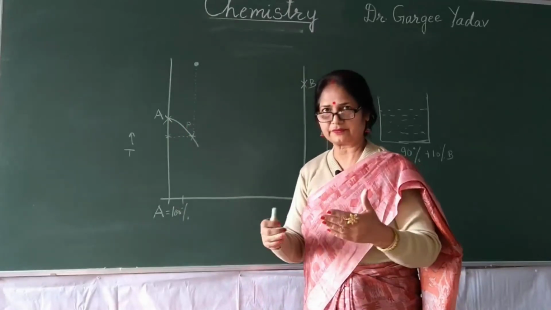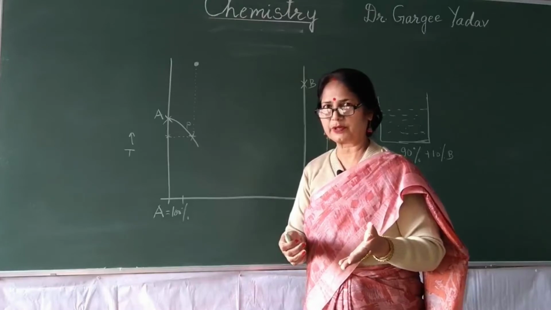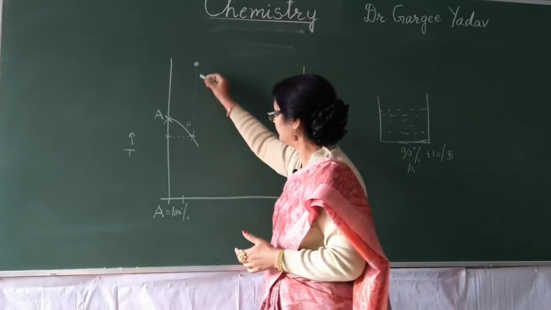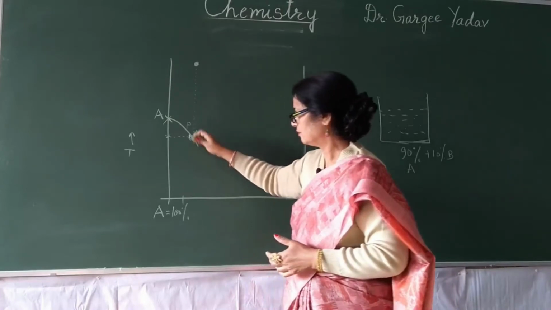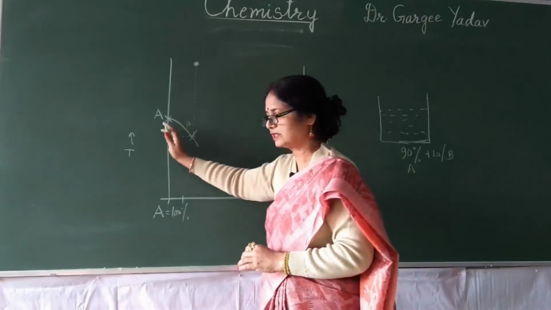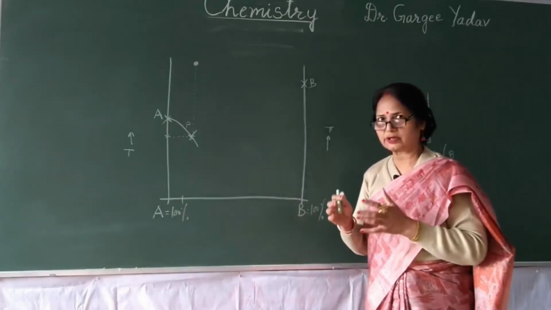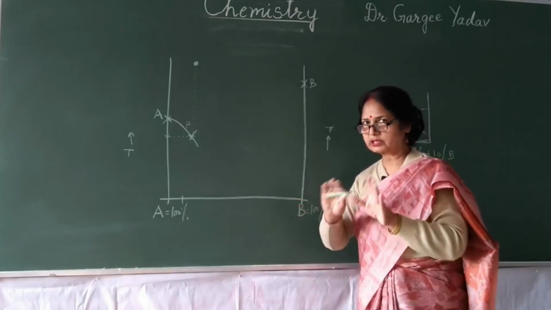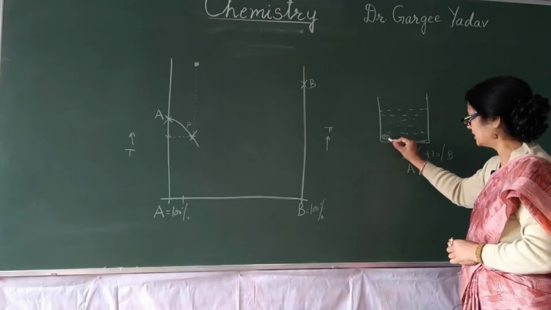This is what we have been studying for previous components also: when we mix in this proportion, a point will come when solid A will start separating, and the remaining mixture will be somewhat rich in B, because A is getting separated out.